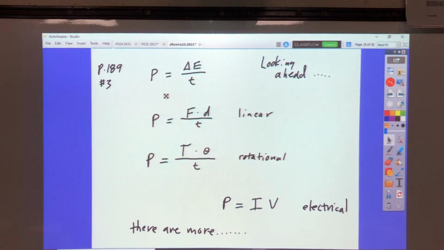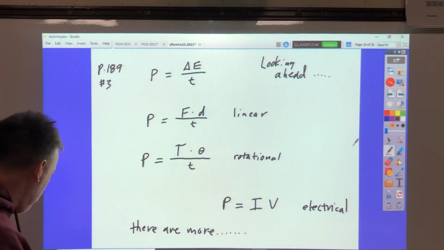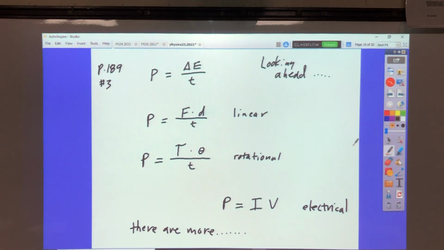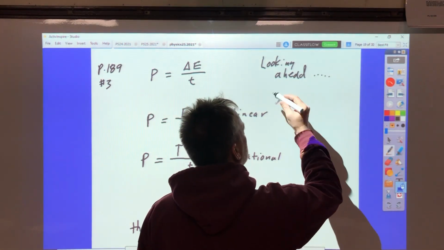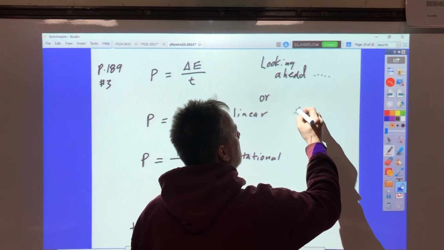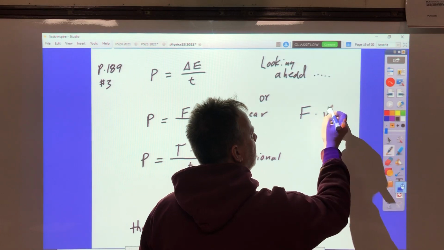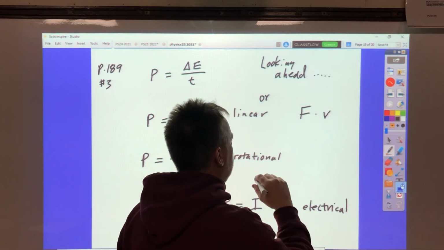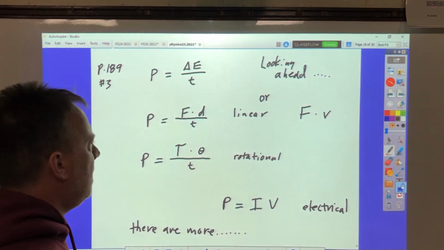We already said power was force times distance divided by time, but we also said power was equal to force times speed, or force times velocity. I will leave the average off of there because if it was instantaneous, it'd be something else.